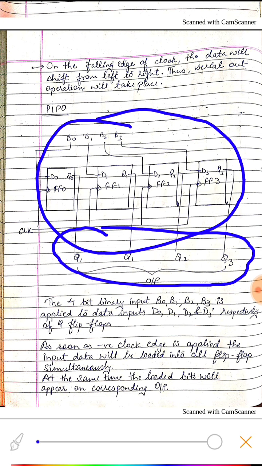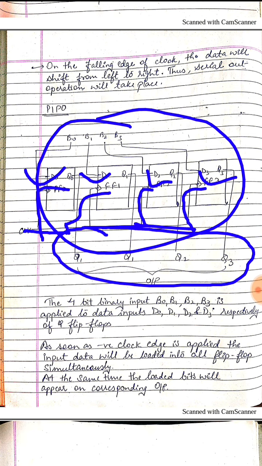The 4 binary bits B0, B1, B2, B3 are applied to the data inputs D0, D1, D2 and D3 of the flip-flops. We are providing the same clock to all the flip-flops simultaneously.